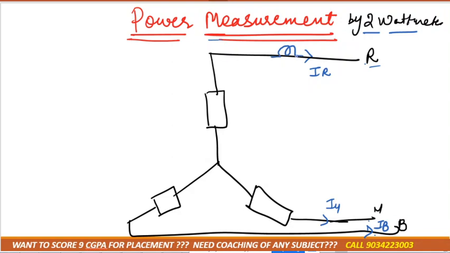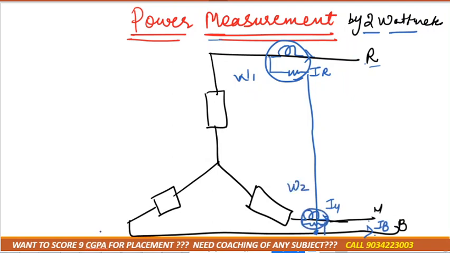As I told you, the current coil is connected directly to the main line and the potential coil is connected with another wire, that is B. So this is wattmeter 1, represented by W1. Next is wattmeter 2, again the current coil and the potential coil, like this. This is wattmeter 2.